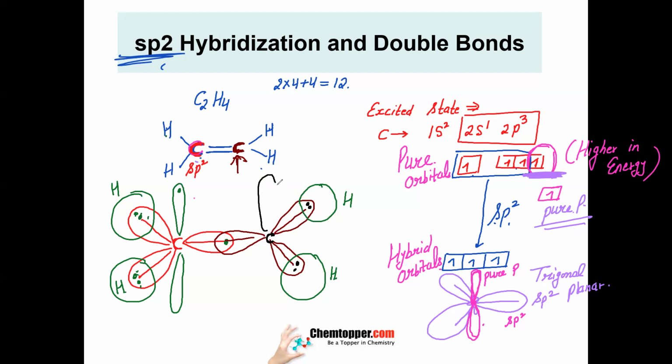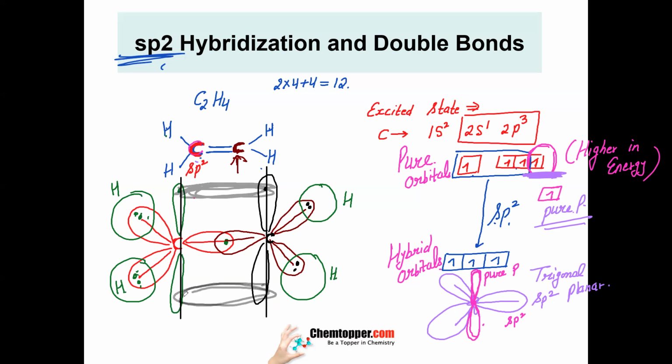Then there is one p orbital like this. Pure p. Now this pure p orbital cannot have on-the-axis overlapping. You can see that. So what kind of overlapping is there? Sideways. The overlapping will be like this.